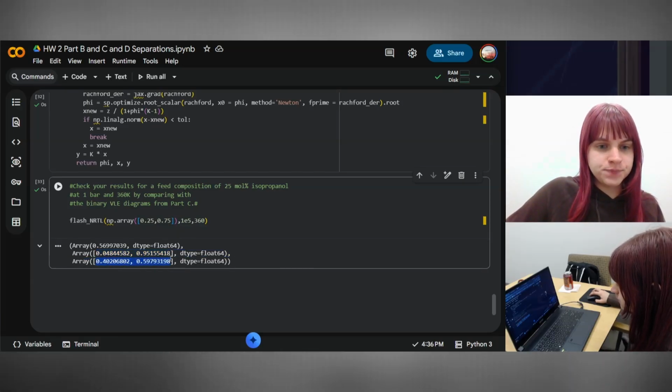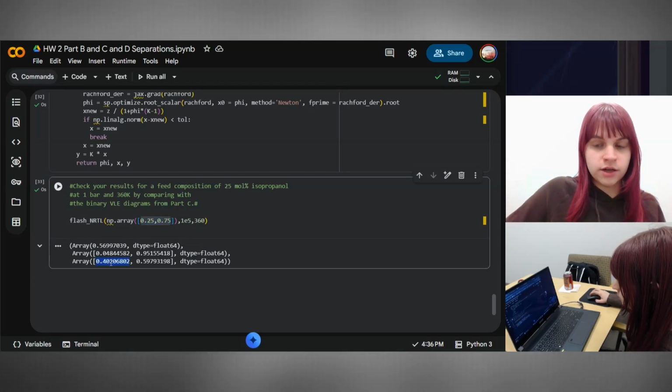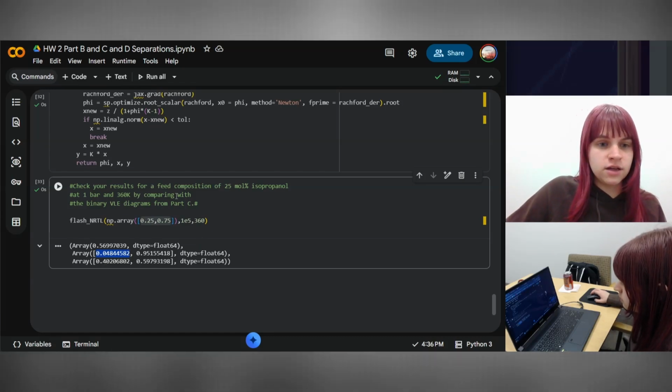And down here is our y, our vapor composition, and we still have more water because our initial feed was 75% water, so we can expect that. But there is a lot more isopropanol in the vapor than there was in the liquid, which makes sense.